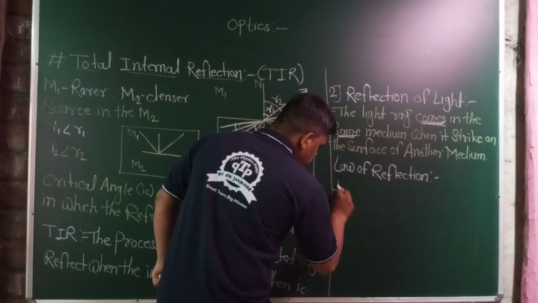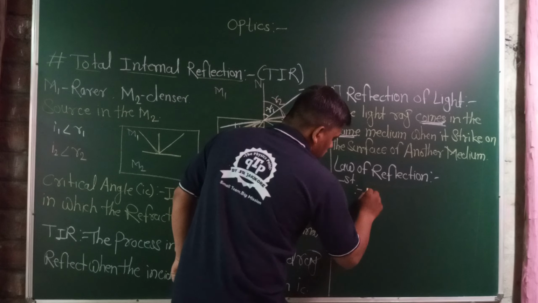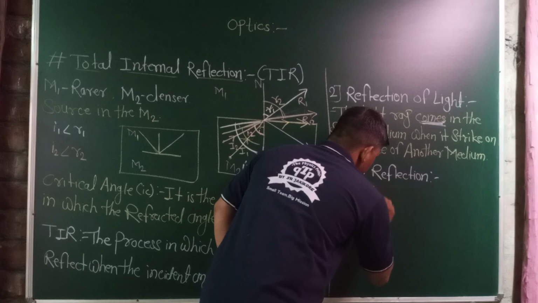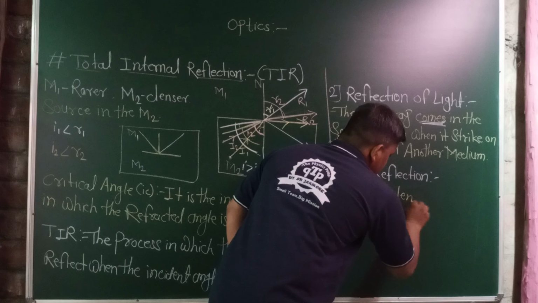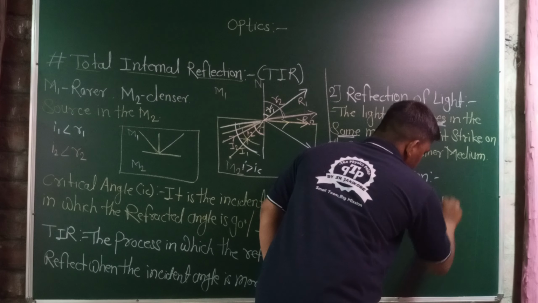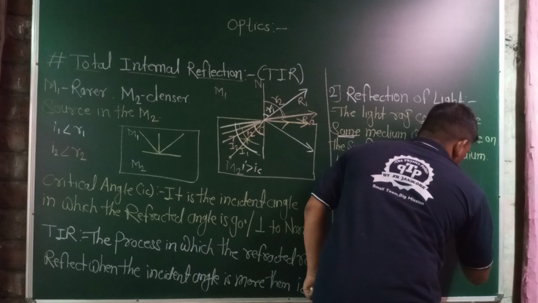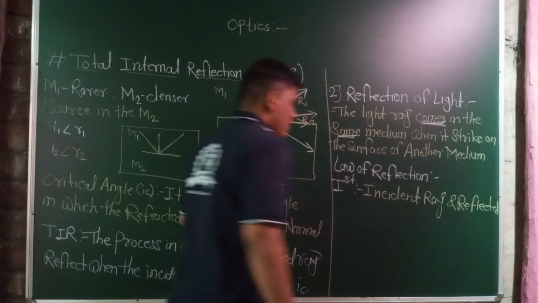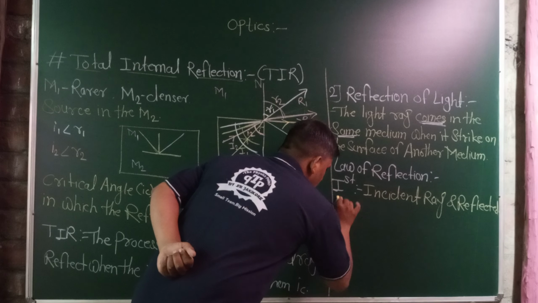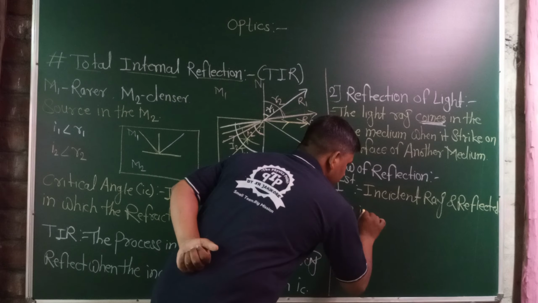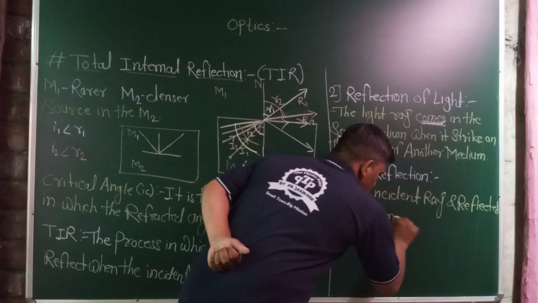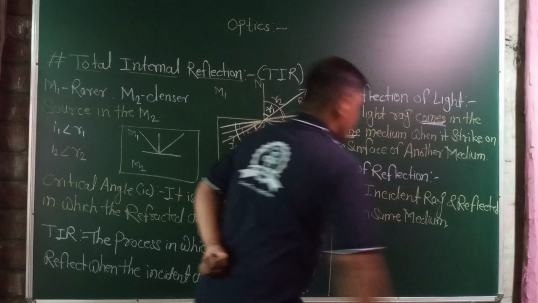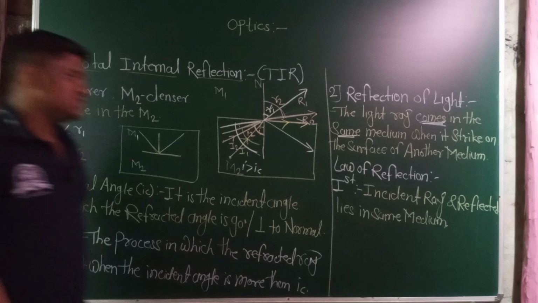The first law. What is the first law? The incident ray and the reflected ray lie in the same medium. This is the first law of reflection.